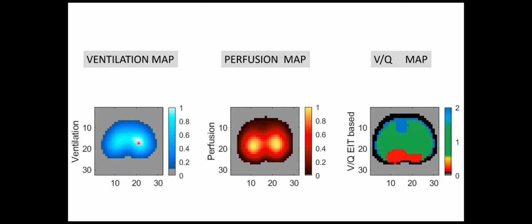Okay, using this approach, we checked our results, and we tested not only the degree of occlusion of vessels, so the clot burden against the perfusion distribution, but then we decided to move a step forward.